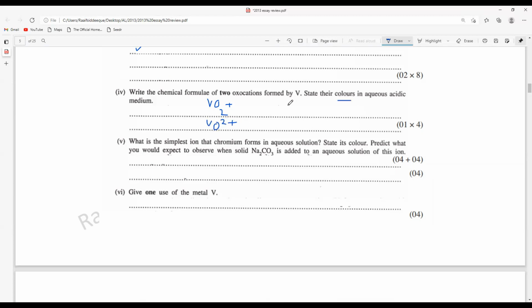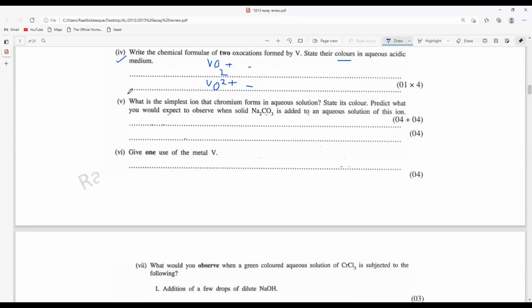And their colors: VO2+ is +5, which should be yellow, and the other VO2+ means +4, which is typically blue. So yellow and blue. These are very straightforward if you know your theory really well. The idea is, I always tell, please go through these videos. You can have a comprehensive knowledge, and that is very important.